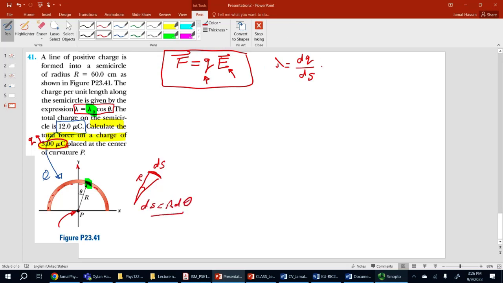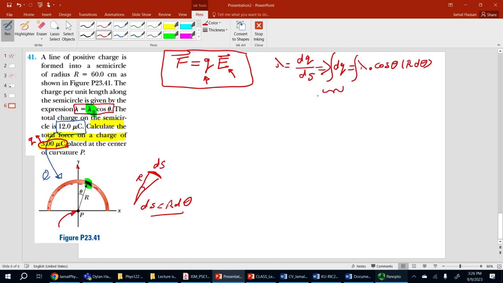That simply tells me that dq is equal to lambda ds, but our lambda is lambda naught cosine theta, and our ds is r d theta, right? So in order to find lambda naught, we need to integrate this.